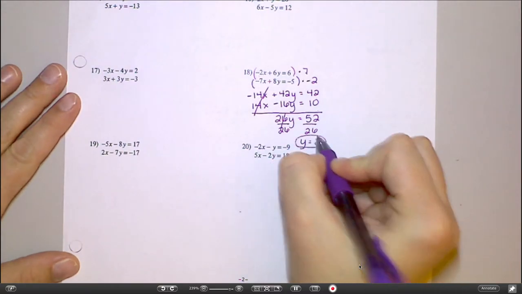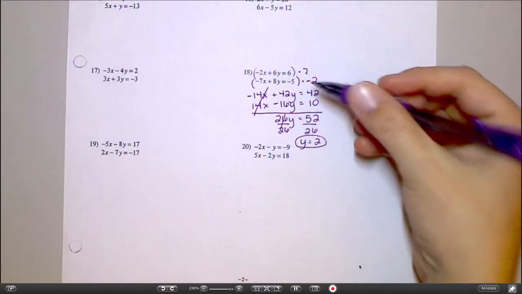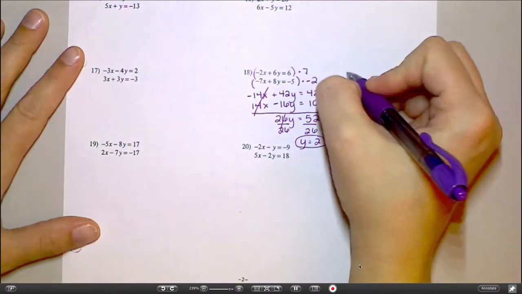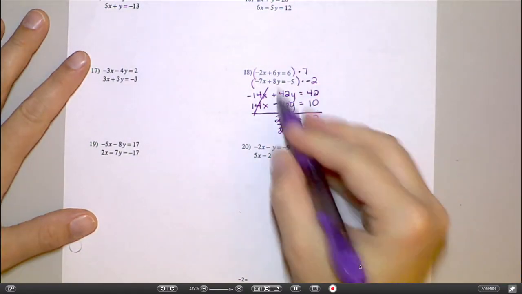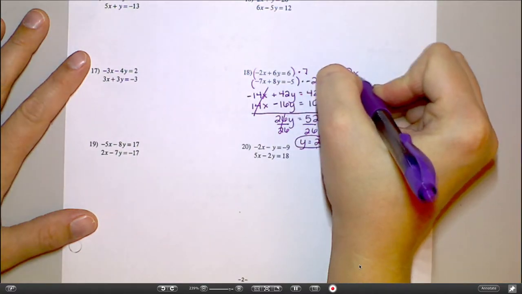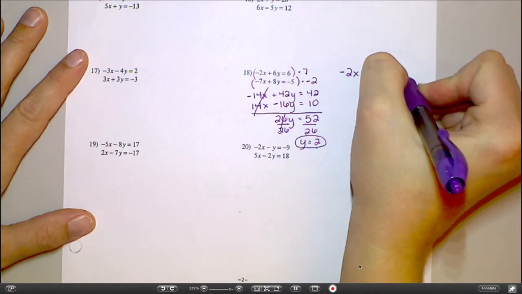Okay, what do you want to do with that? Plug it in. All right, in which one? You pick. Top. Okay, the very top one, this one up here? Yeah. I could plug it into any of these 4, but we'll go with the top. And remember, I'm plugging it in for y, so this is now going to say negative 2x plus 6 times 2 equals 6.